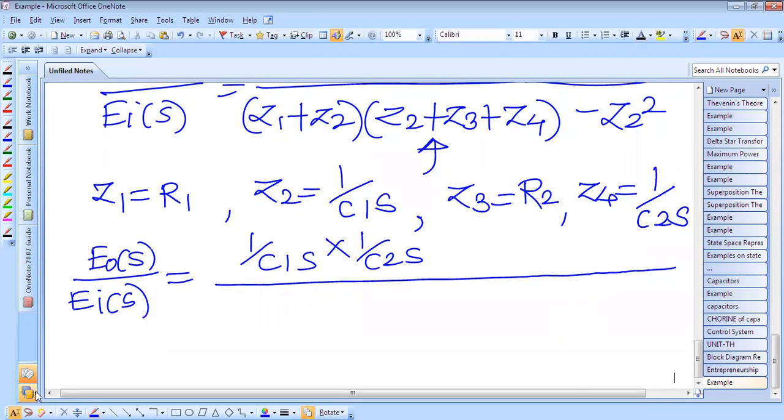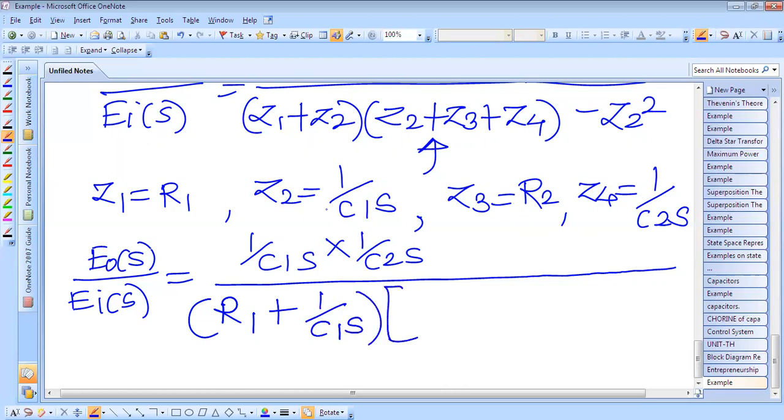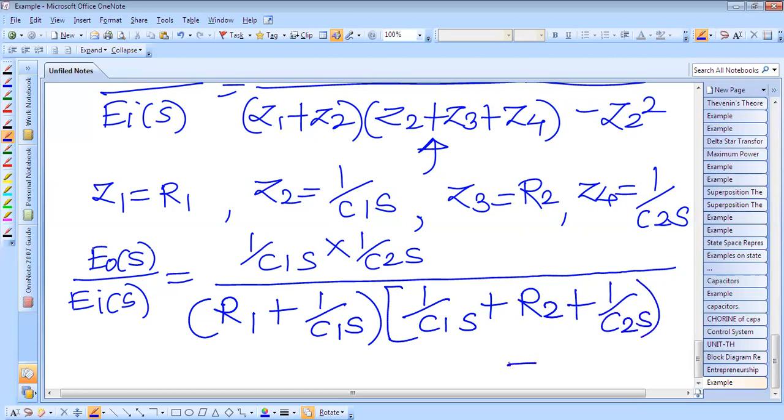Again Z1 is R1 plus Z2 is 1 over C1S plus Z2 is 1 over C1S plus Z3 is R2 plus Z4 is 1 over C2S minus Z2 square.